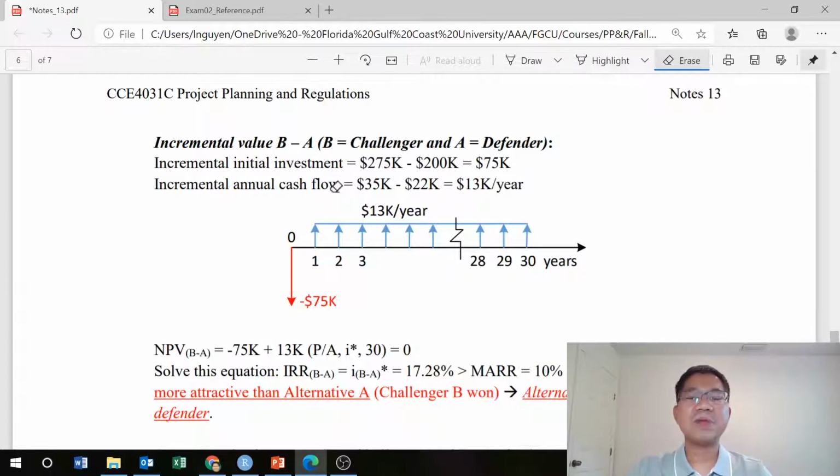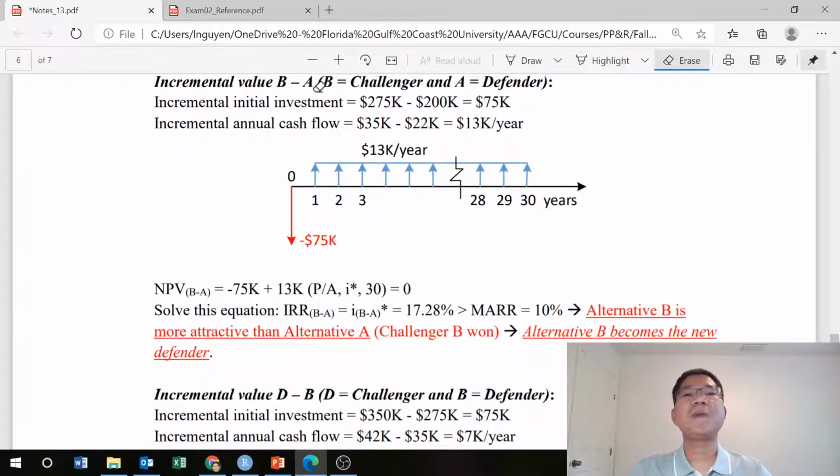Incremental annual cash flow, extra benefits, 13,000 per year. If I jump from A to B, I can get more benefit, from 22,000 to 35,000. It means that I get an extra 13,000 per year if I invest 75,000 as the initial investment. So that is the incremental cash flow if I jump from A to B.